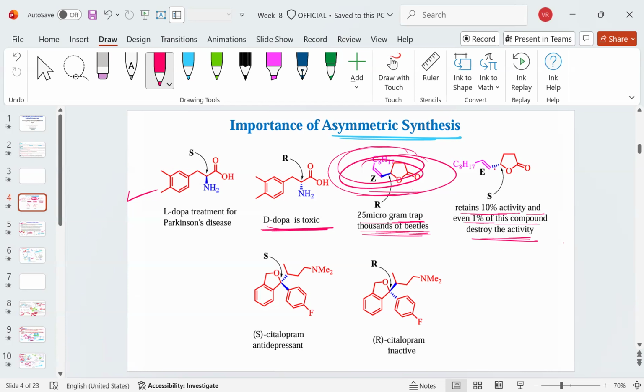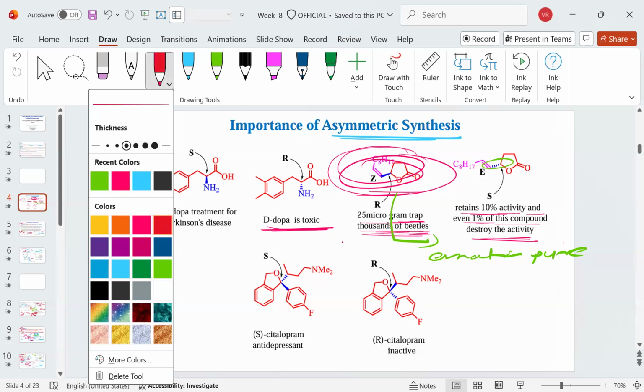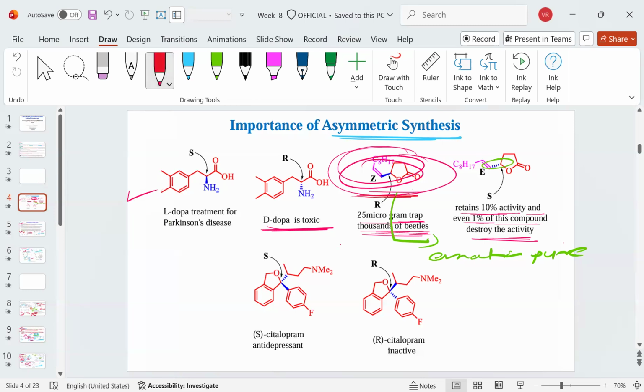The impurity is mainly associated with this chiral center. Therefore, to have this molecule in pure form, we generally need to do chiral synthesis; only then is it possible to get the pure compound.